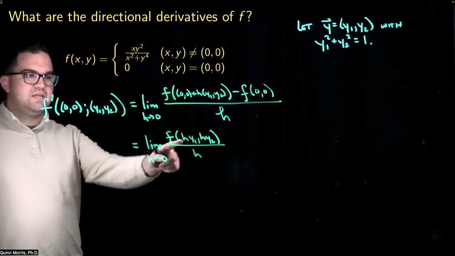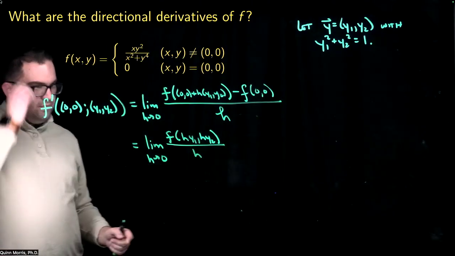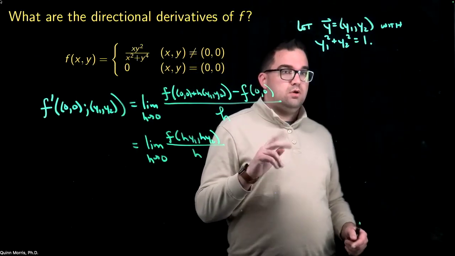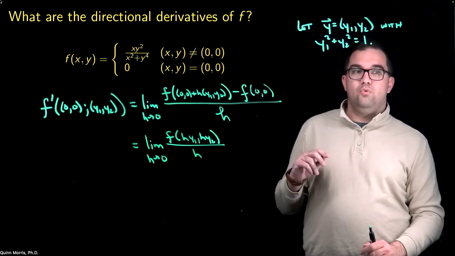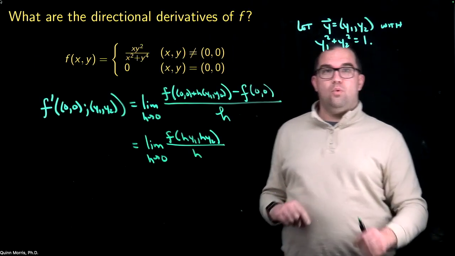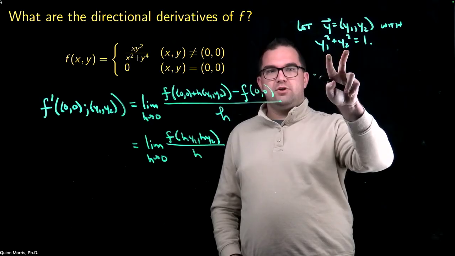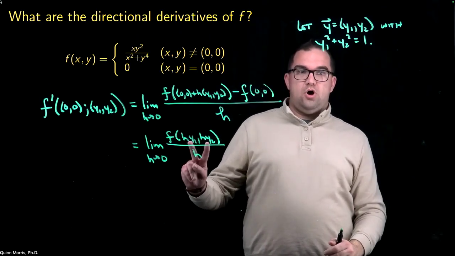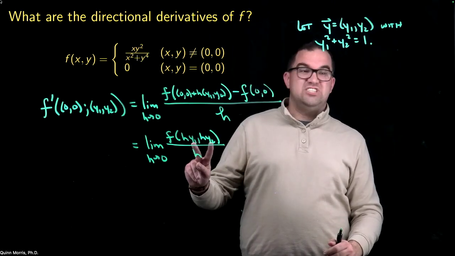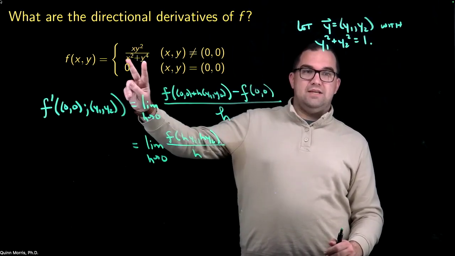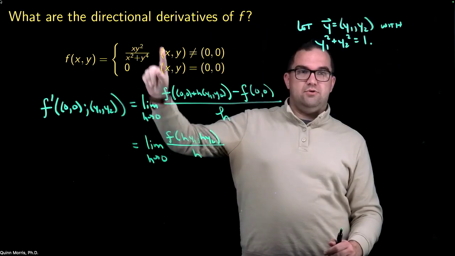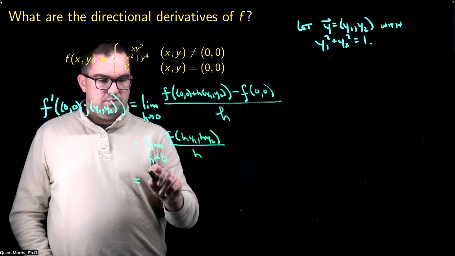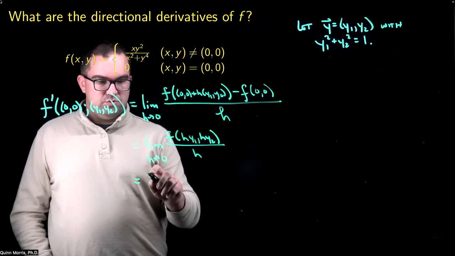Well, now this is not so bad. I could actually plug in, as long as y1 and y2 are not both 0, which they aren't. Why? If they were both 0, they couldn't be a unit vector. So I can use this expression here to evaluate the function. I'm going to factor out a 1 over h.